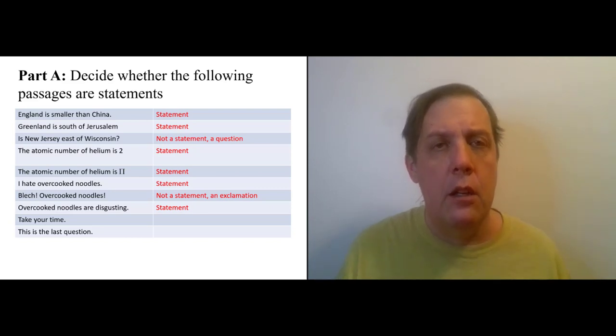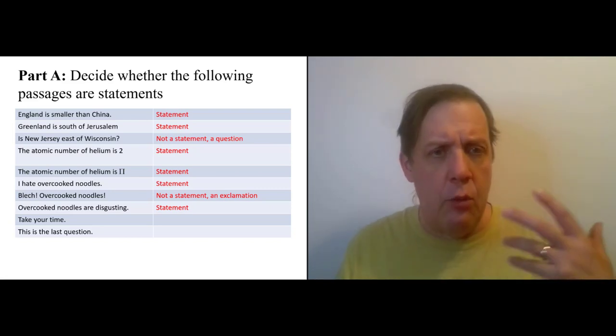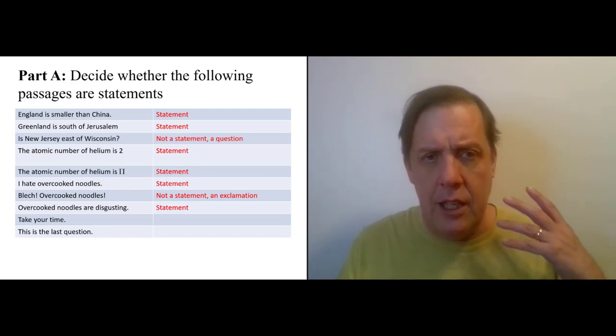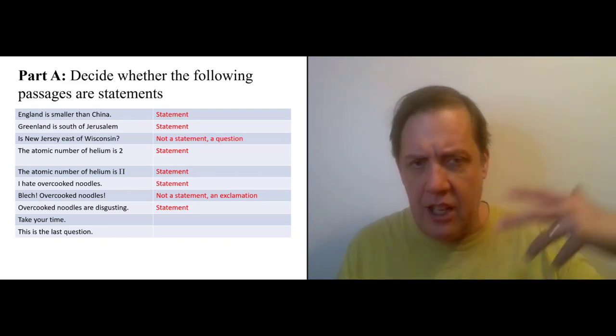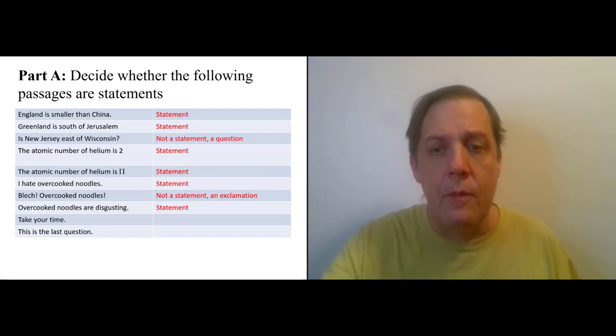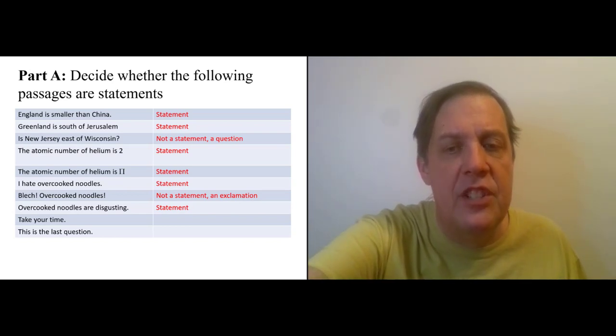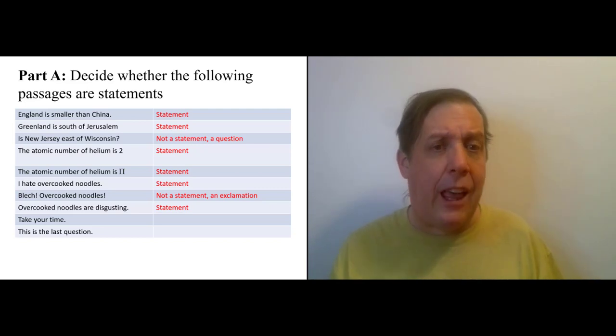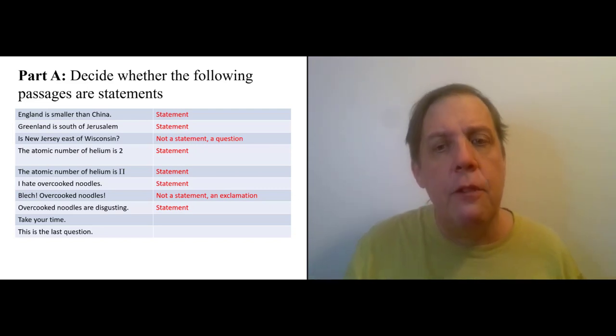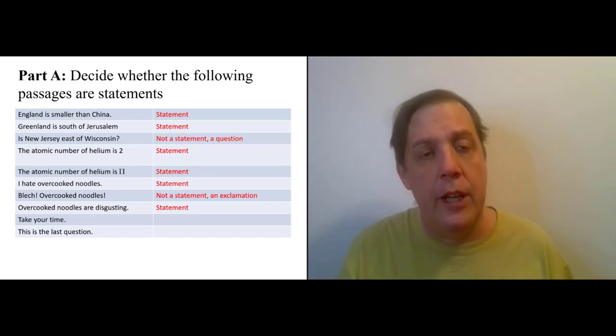Like, you might utter any one of these in the same context, and it would have the same effect on people. But only the first one and the last one have the form of a statement. Blah, overcooked noodles has the form of an exclamation, right?